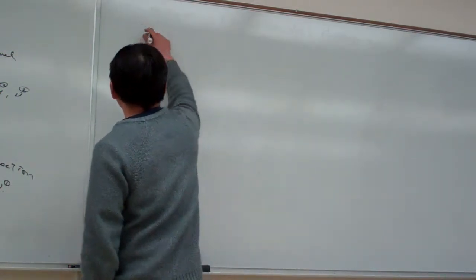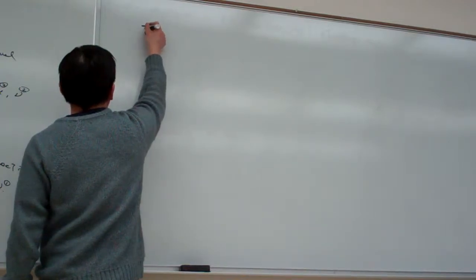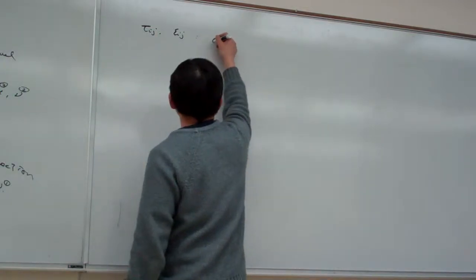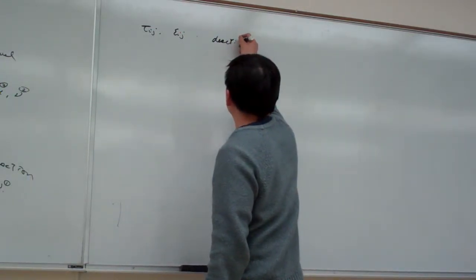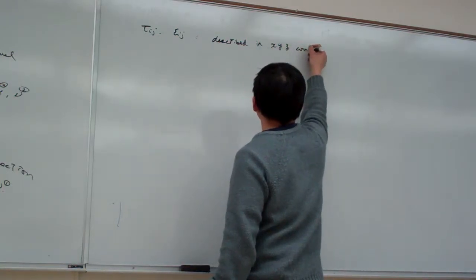So again, say, for example, tau ij and epsilon ij are described in, for example, XYZ coordinate system, okay?